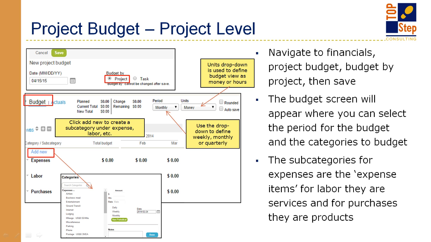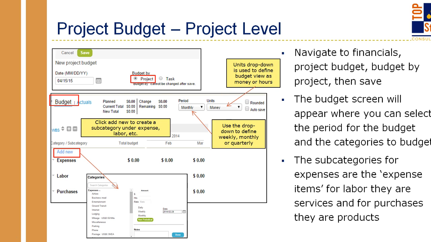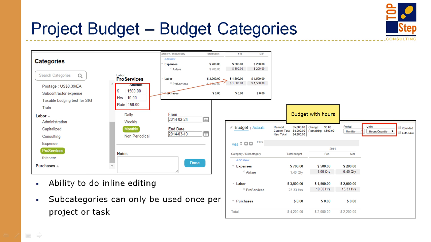Let's say we want to create a subcategory for professional services. We want to create a budget by month for professional services, so labor hours, labor dollars and hours. I click on Add New, scroll through to my labor, and pick one of the services that I have set up.